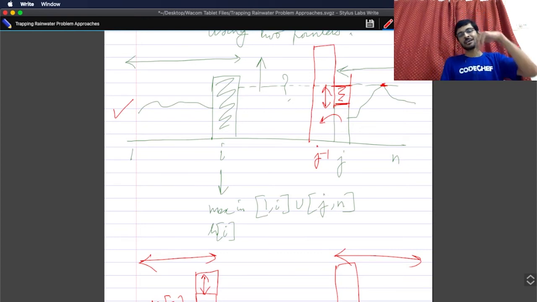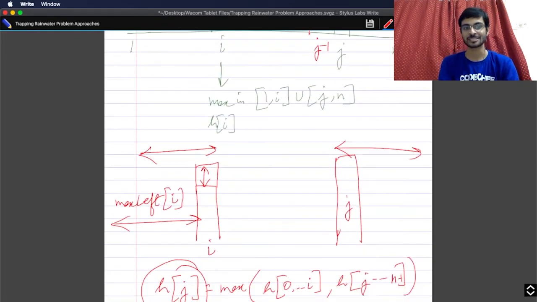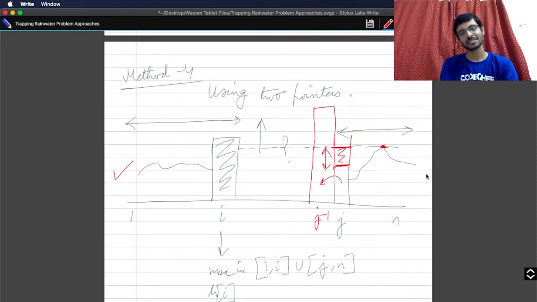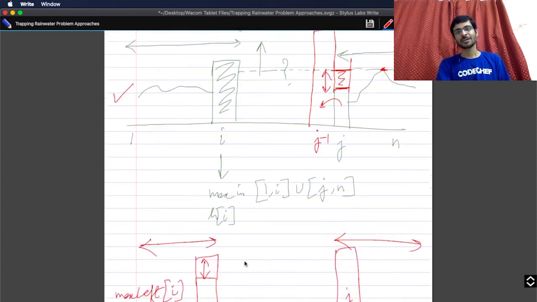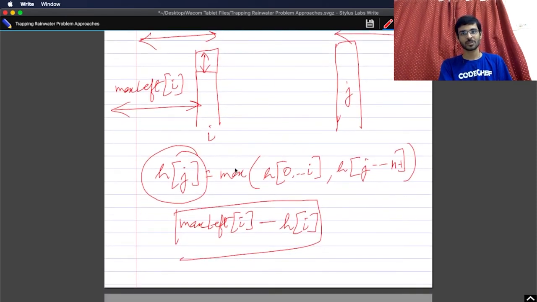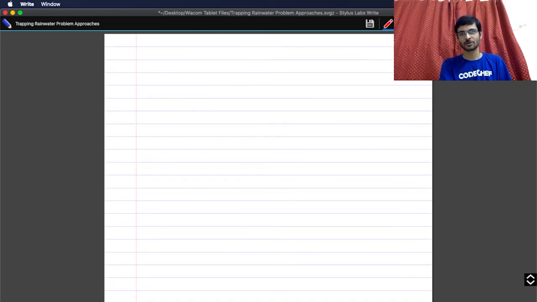If it is less than or equal to h[i], then h[i] remains the greatest element. So in either case, our new i and j again has at least one of them as the greatest element seen till now, from the left or from the right. And in the second case also, we have the same. Okay, so that's it. These are the two cases we are considering.